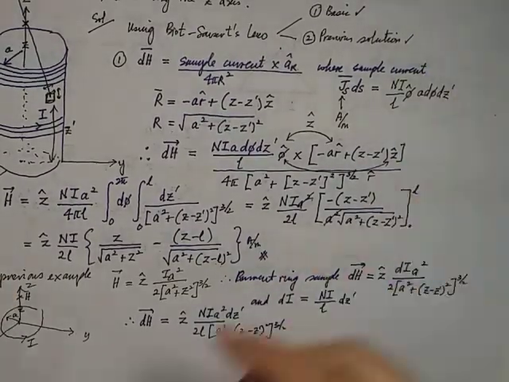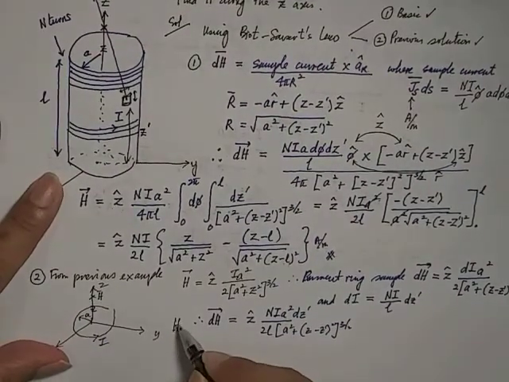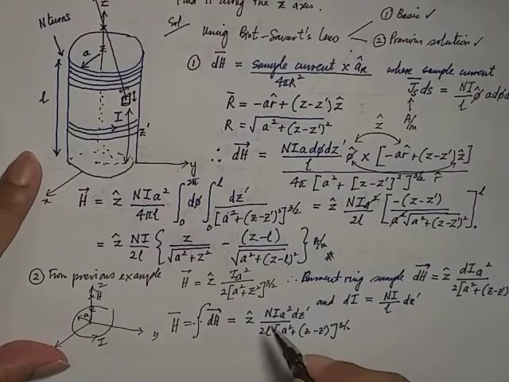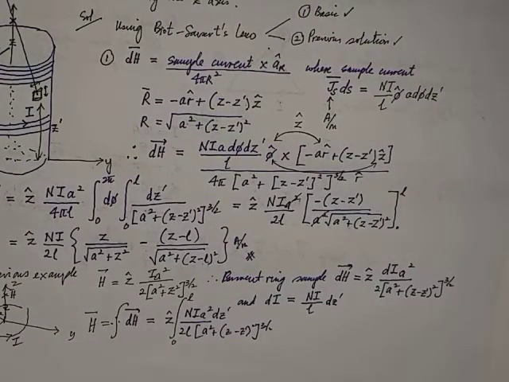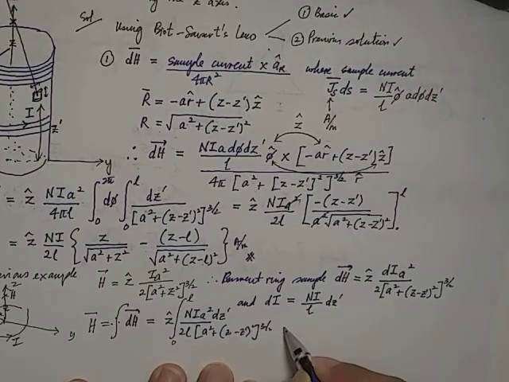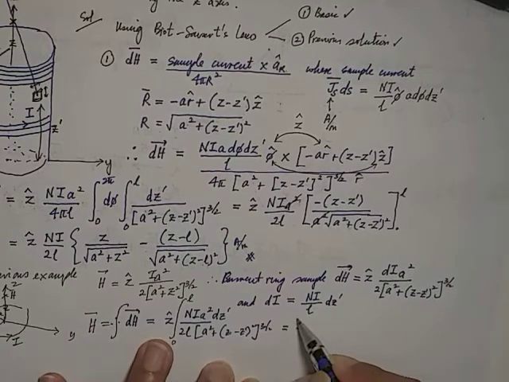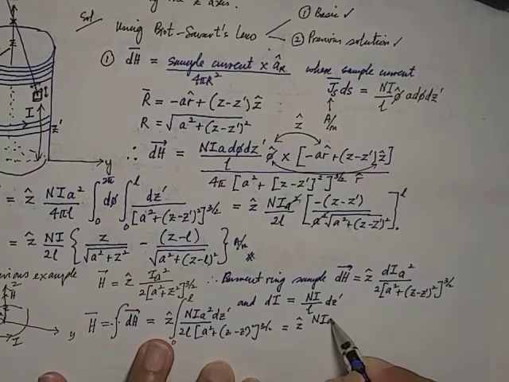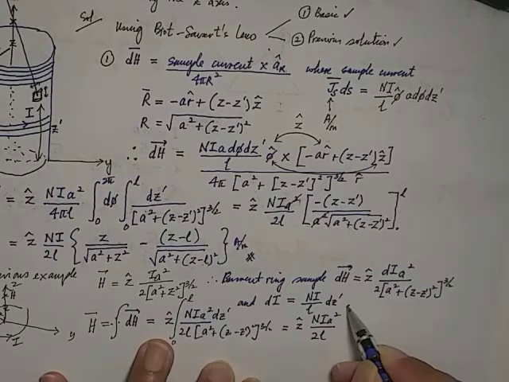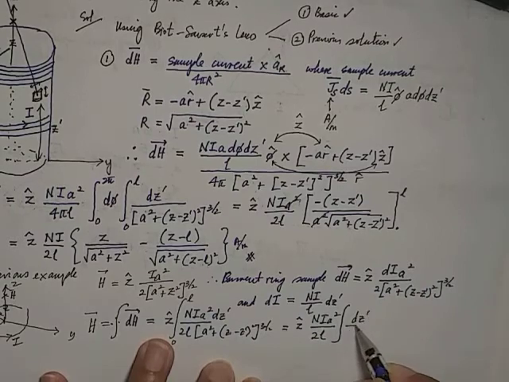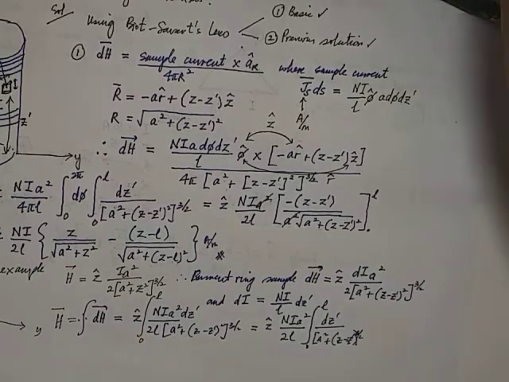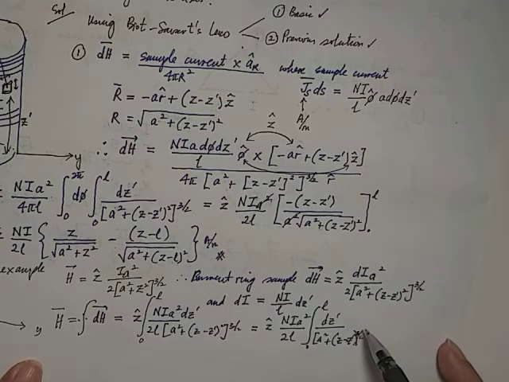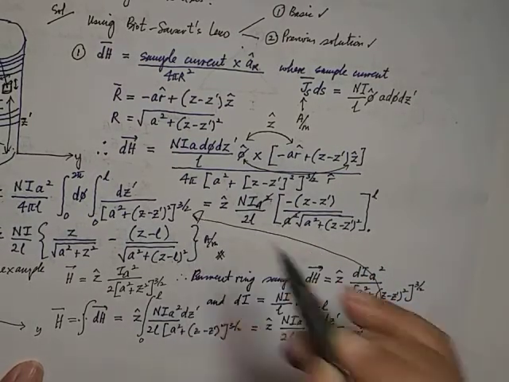So if I want to find my H now, what should I do? Yes, the H now should be the integration of this term, from where to where? 0 to L. And then you can see, if I modify the mathematics slightly now, just to show similarity, it's going to be Z, I A squared over 2L, integration of dz prime over A squared plus Z minus Z prime, 3 over 2, from 0 to L. And if you compare this mathematics and the one that we defined up here, you can see it's the same.